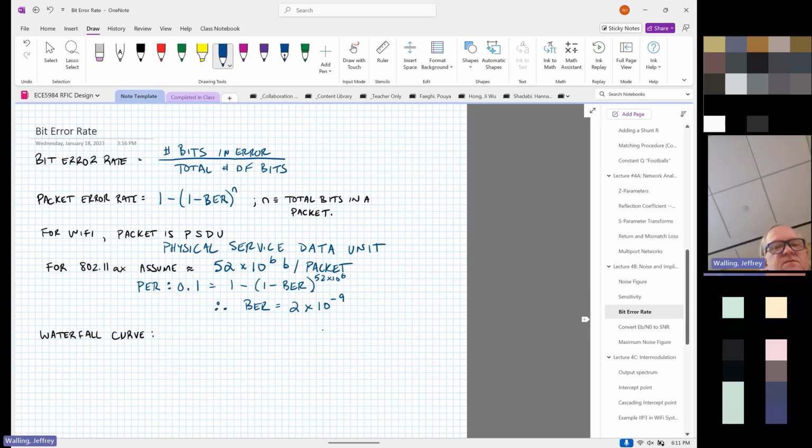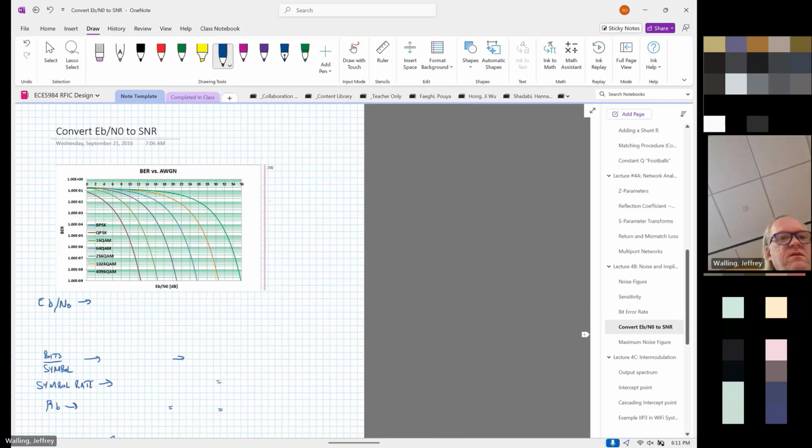Okay, so let's look at a waterfall curve. Essentially, when we have a constellation, so I just drew a 16 QAM constellation up there, what we want to do is find out what's the maximum possible signal to noise ratio where I can still detect any given signal.